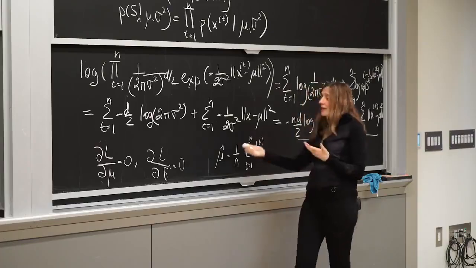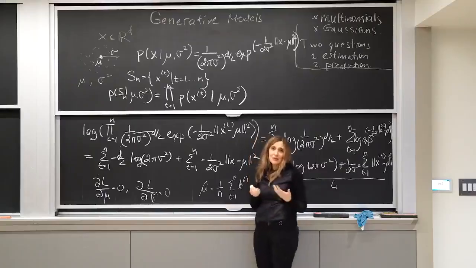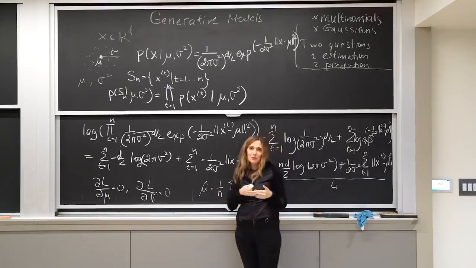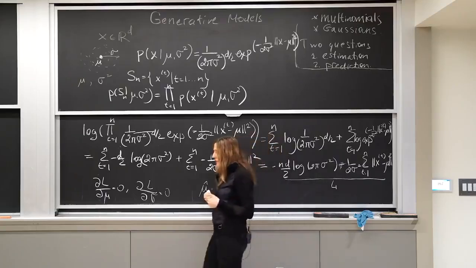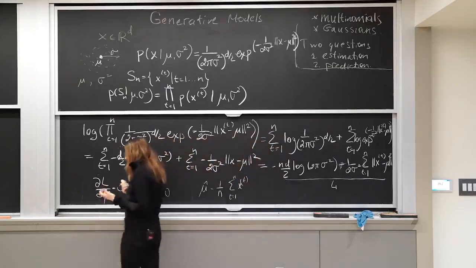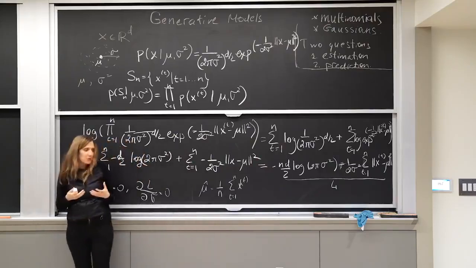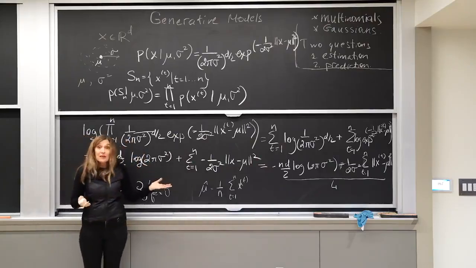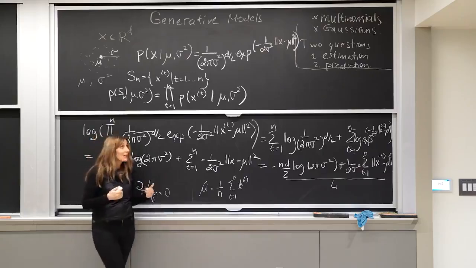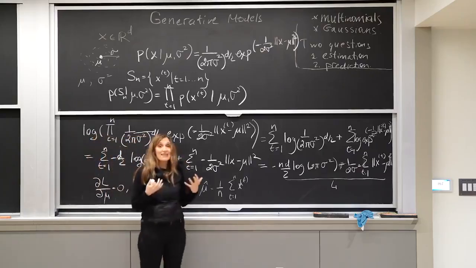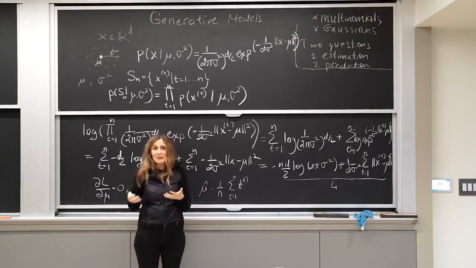And similarly, you would find that sigma squared is what we expect it to be, which is the average variance of the points from the mu. So you would go through exactly the same machinery as we went through with the multinomials, to see that those are the same mechanisms used to do this computation.